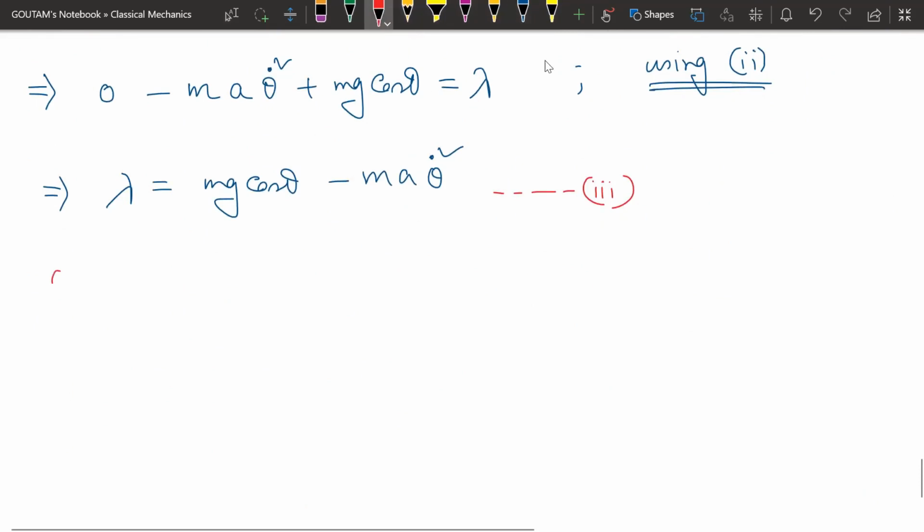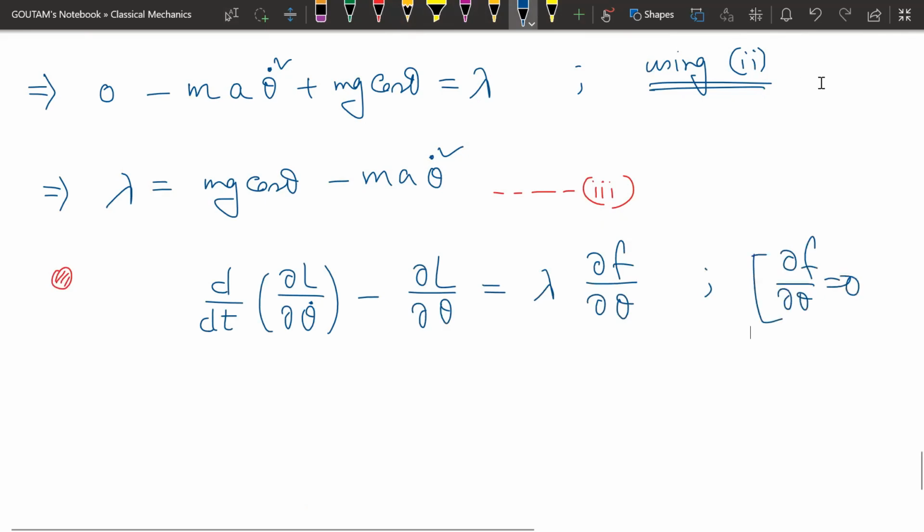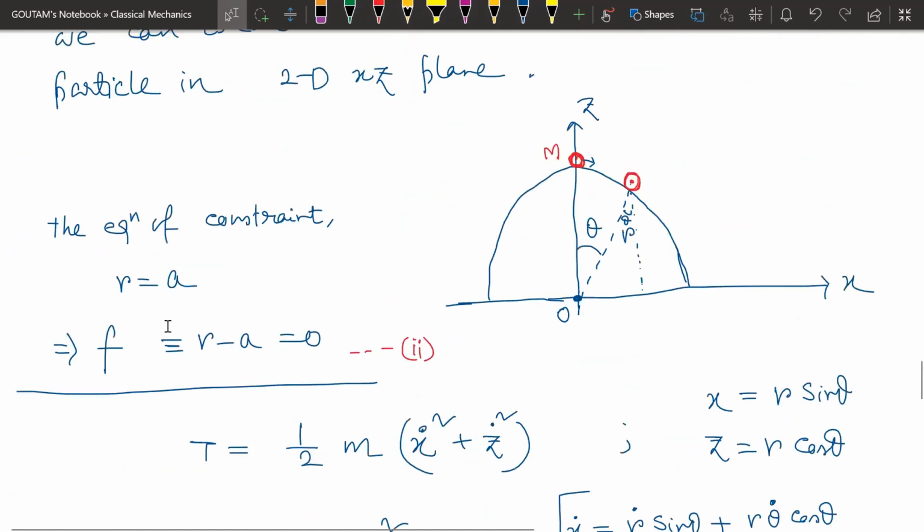Now the other equation will be d/dt of ∂L/∂theta dot minus ∂L/∂theta equals to lambda ∂f/∂theta. Now we know that ∂f/∂theta equals to 0 because there is no explicit theta dependence in equation 2.